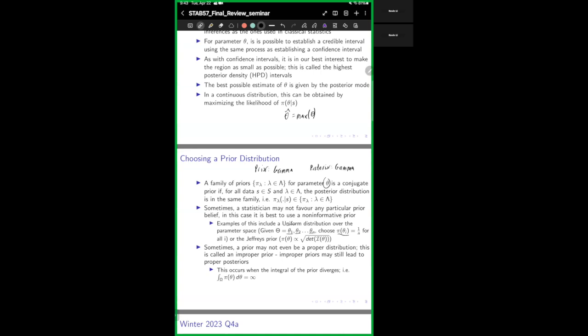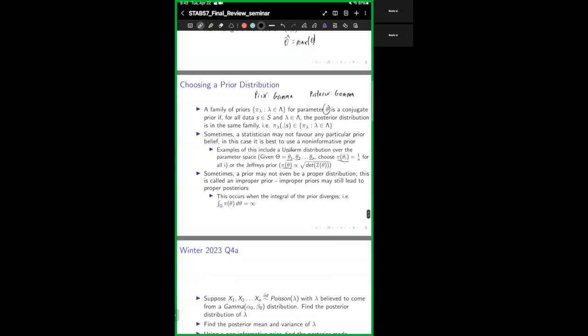Or for example, we may use something called the Jeffreys prior, which is where the prior is proportional to the square root of the determinant of the Fisher information. This way, the posterior will scale with the prior. Sometimes the prior may not even be a proper distribution.